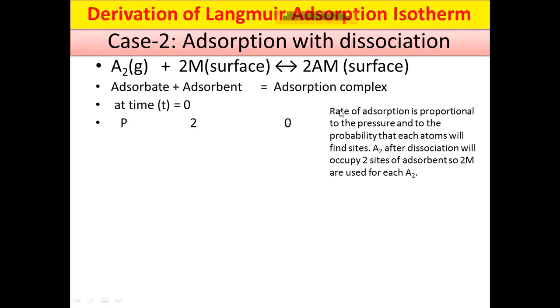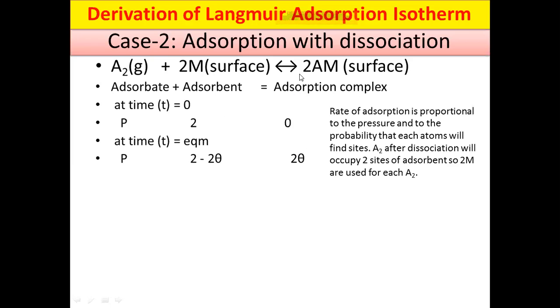And what is the possibility of the adsorption complex forming at time 0? That is 0, because this is the starting point for the adsorption of the adsorbate on the adsorbent, so no adsorption complex is formed. So at time t, or at equilibrium, what is happening?